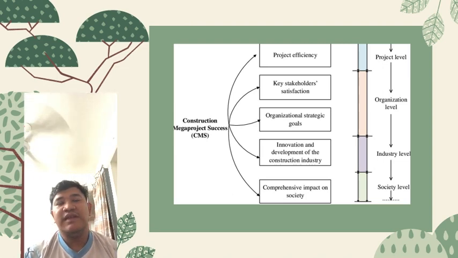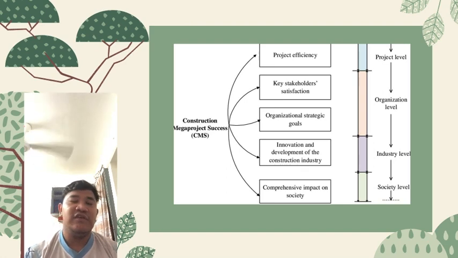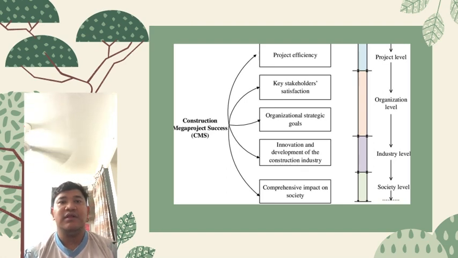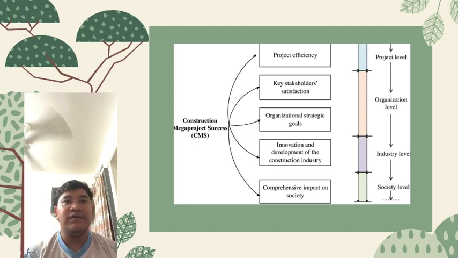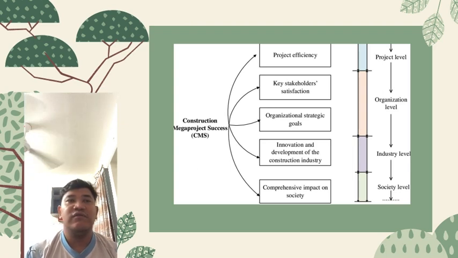Next is innovation and development of the construction industry, which is on the industry level. And for the last one, the comprehensive impact on society, which is on the society level. These are the good reasons why construction is important in our life.